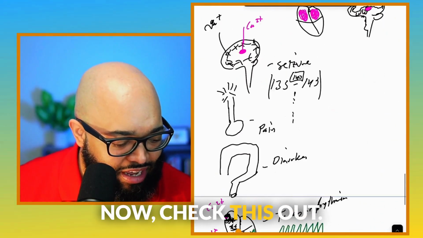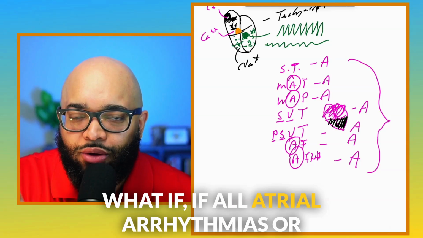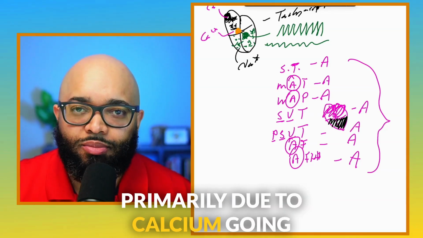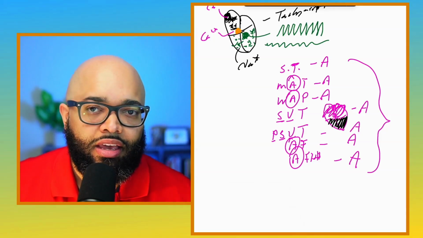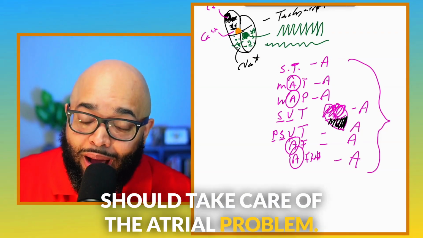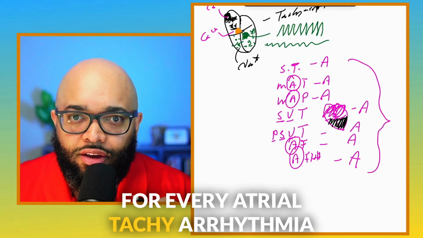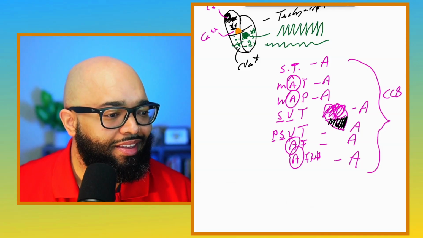Now, check this out. What if all atrial arrhythmias, all atrial tachyarrhythmias, are primarily due to calcium going inside of the cell? We call that calcium influx. If I block the calcium channel, that should take care of the atrial problem. What if I told you that the treatment for every atrial tachyarrhythmia is a calcium channel blocker?